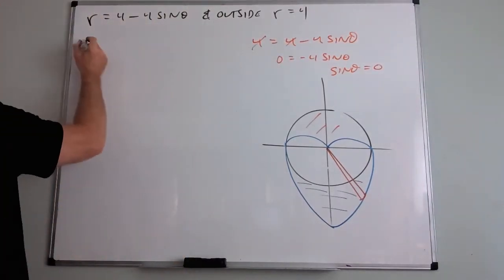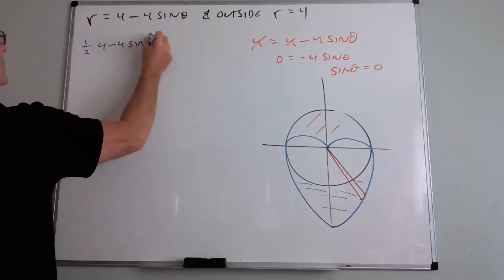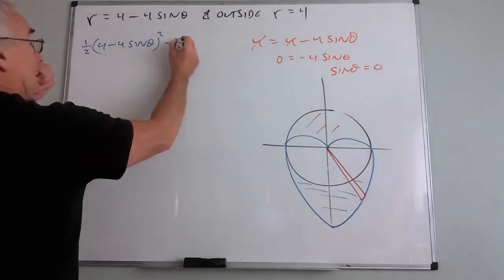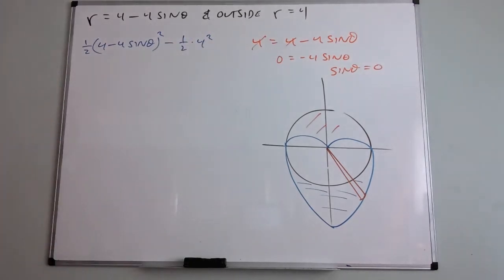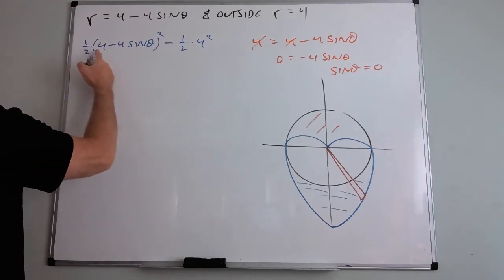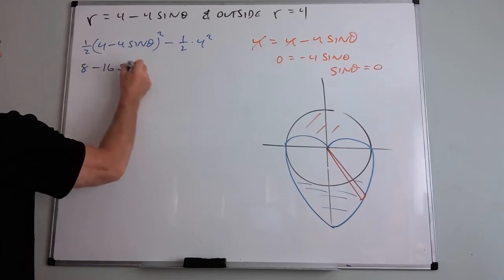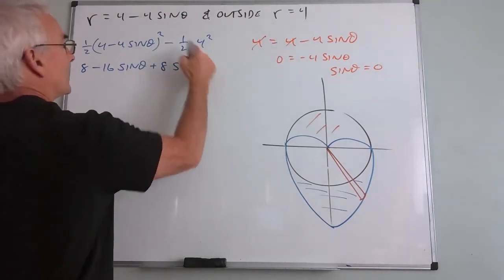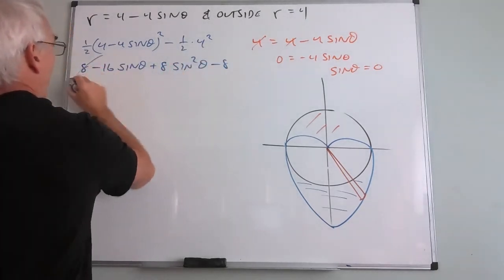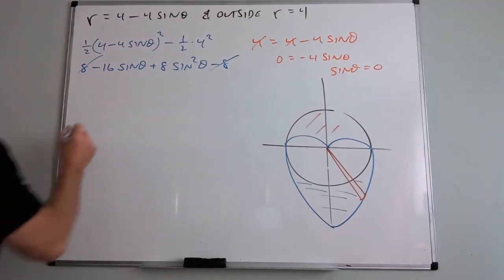So I want to find 1/2 of (4 minus 4 sine theta) quantity squared minus 1/2 of 4 squared. Whatever that is going to be my integrand. So this was before, that was 8 minus 16 sine theta plus 8 sine squared theta minus 8. Oh, I see. That's a little bit simpler, perhaps.